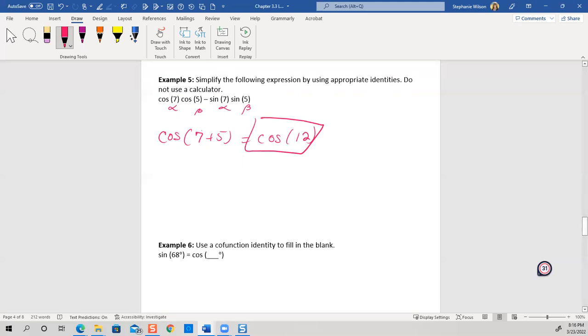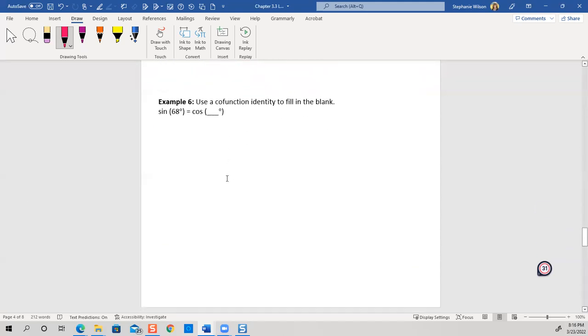This next one here, we're going to use a co-function identity. All right. So the co-function identity tells me that sine of u is equal to cosine of 90 degrees minus that u. Okay, see, we got sine here. And we know what u is, 68 degrees.